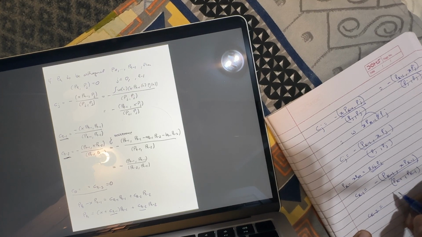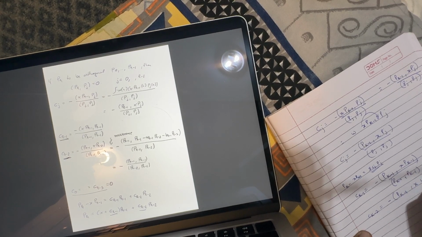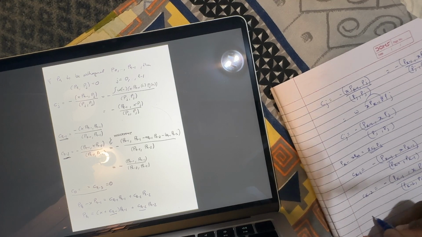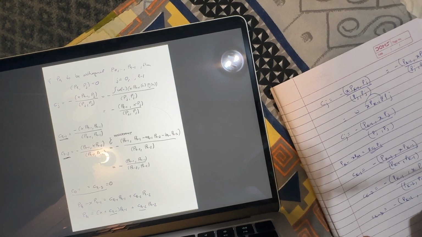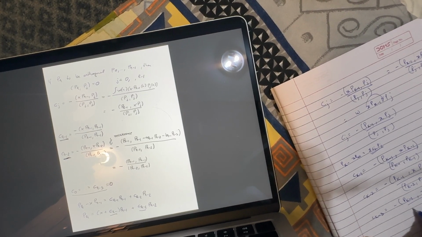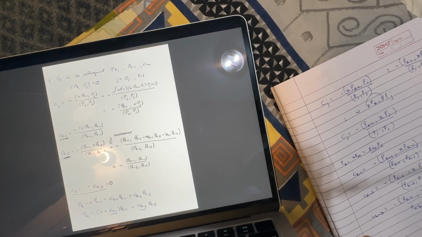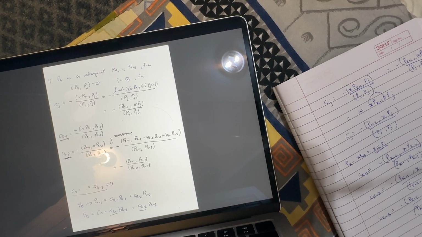Ck minus 2 is minus Pk minus 1 x Pk minus 2 divided by Pk minus 2 Pk minus 2. Ck minus 3 is minus Pk minus 1 x Pk minus 3 divided by Pk minus 3 Pk minus 3, right?